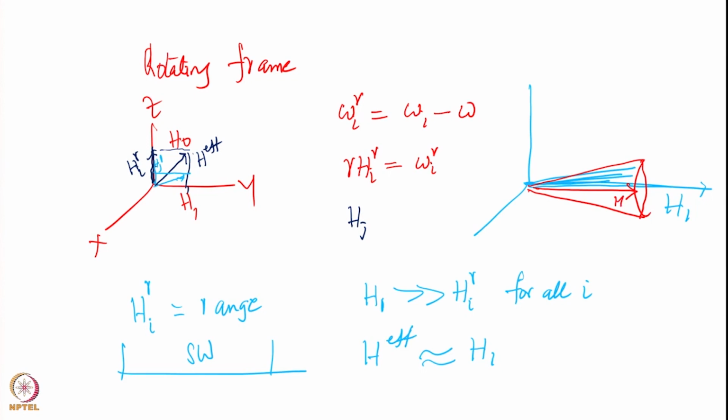But how will it come like this? So far as this H1 is concerned, this is the transverse plane, with x, y, z, so there will be precession in the xz plane and eventually they will come to that. Let me show that in the next slide.